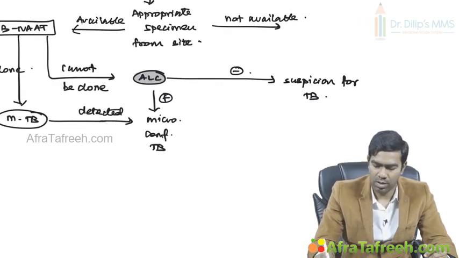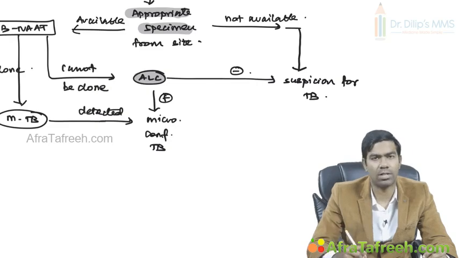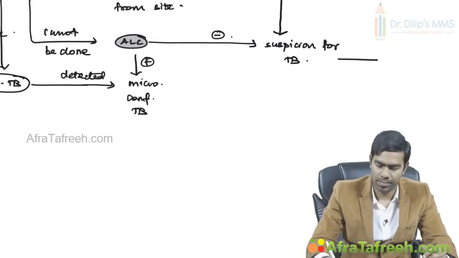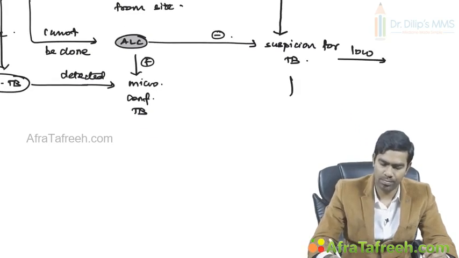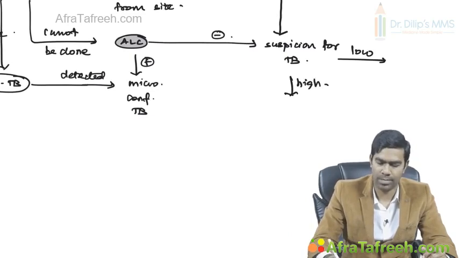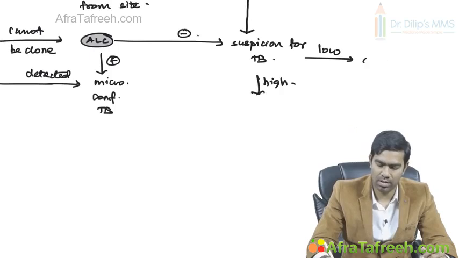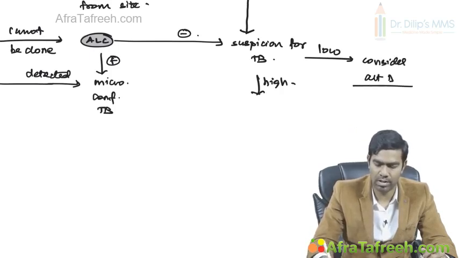Now, I told you if the appropriate specimen is not available from the site, for these patients also I have to see the suspicion for tuberculosis, whether it is low or high. If low suspicion, you have to try considering alternative diagnosis. That's better.